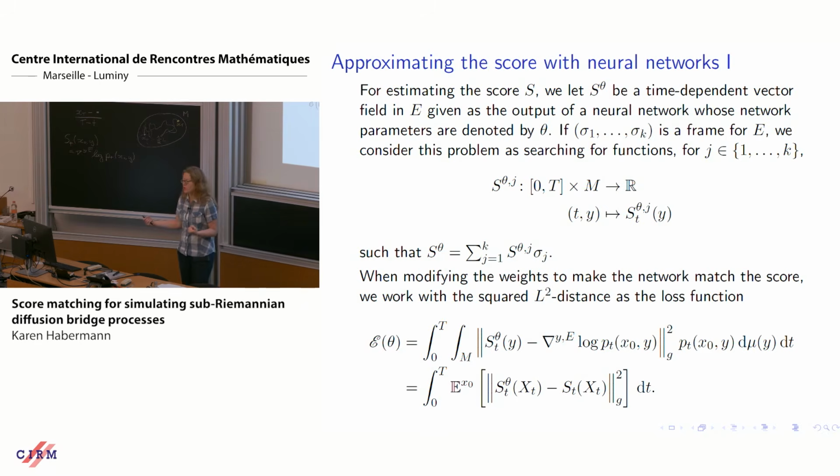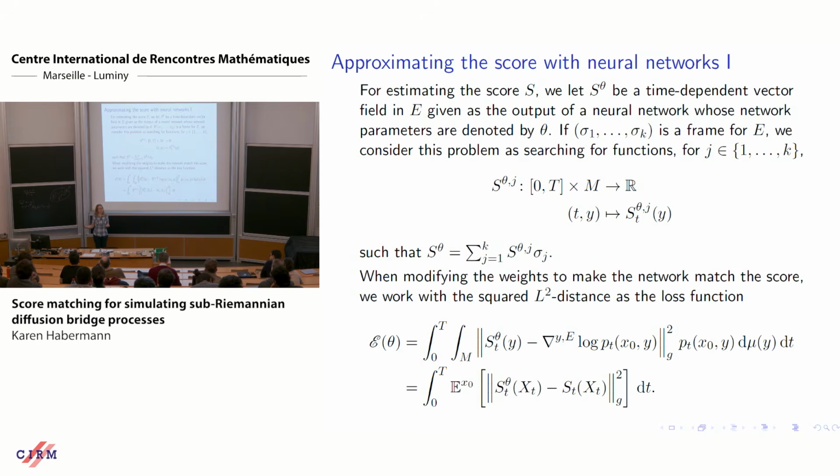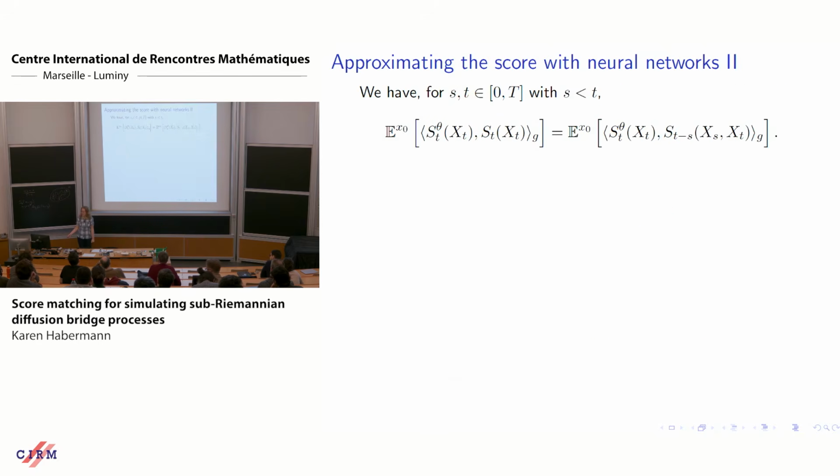And then we also get the norm of the true score squared. And now, when you look at these things term by term, you can check that this expression doesn't depend on s at the end of the day. So this may look a bit magic at the beginning, but it's also just a few lines to prove that.